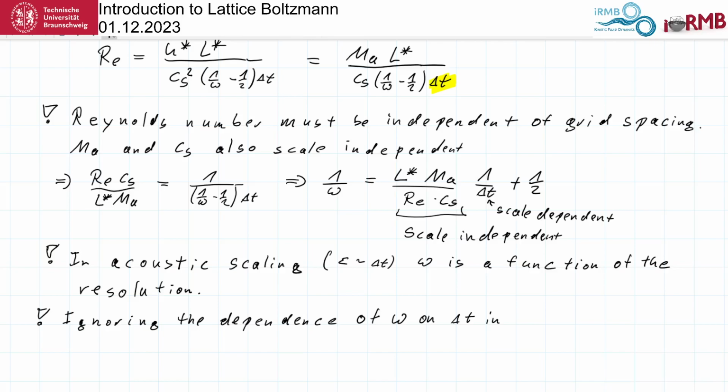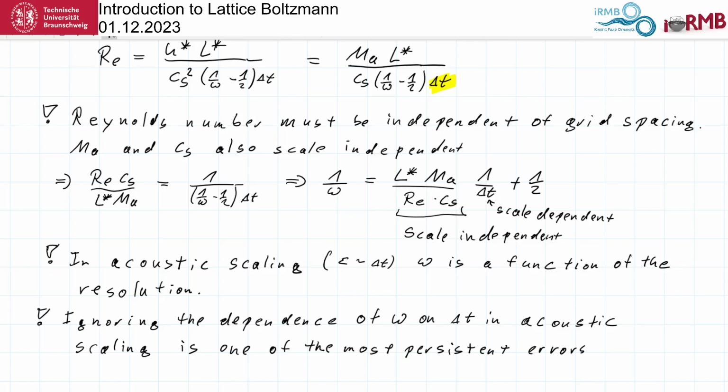Ignoring the dependence of omega on delta t in acoustic scaling is one of the most persistent errors in LBM literature.